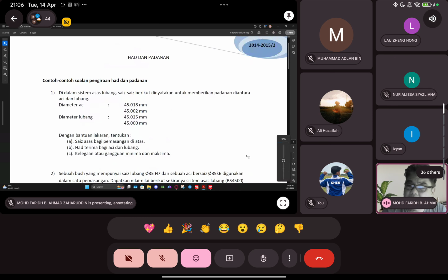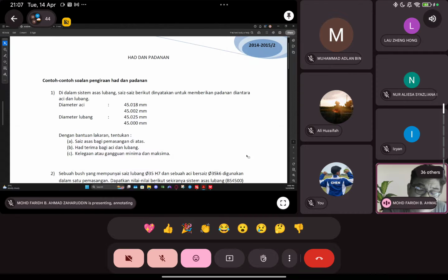Okay, the first one, it uses a hole basis system, and the size given is stated where they give the fits for shaft and holes. The first one is the diameter for shaft. Second one is the diameter for holes.